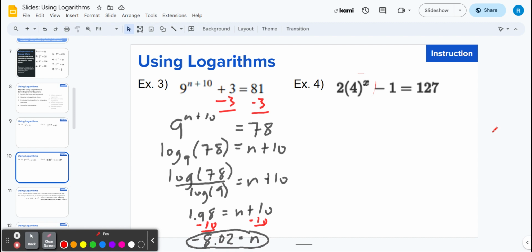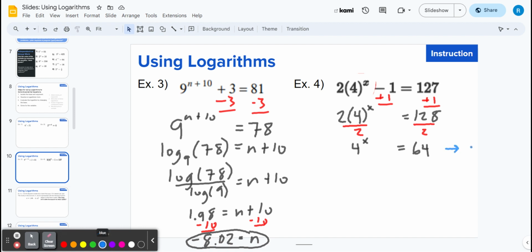So we're going to start by adding 1 to both sides over here. We get 2 times 4 to the x equals 128. Then we can divide by 2 on both sides to get that by itself. So we get 4 to the x equals 64. And you guys might just know this right off the bat. You can manually say, hey, I know that x is equal to 3 here.